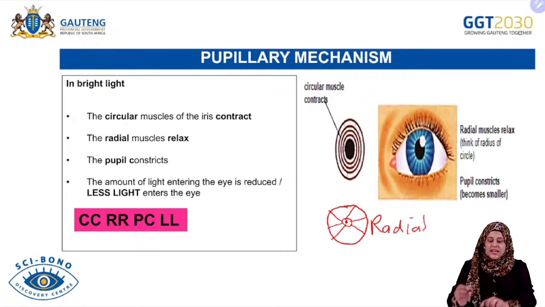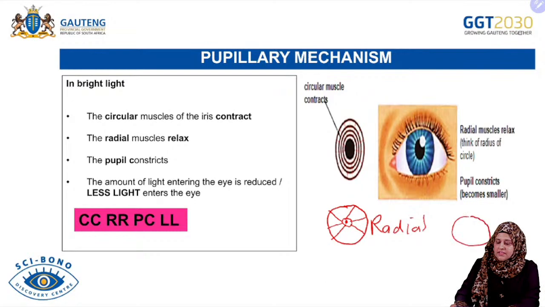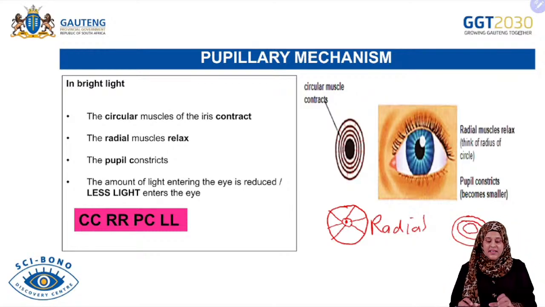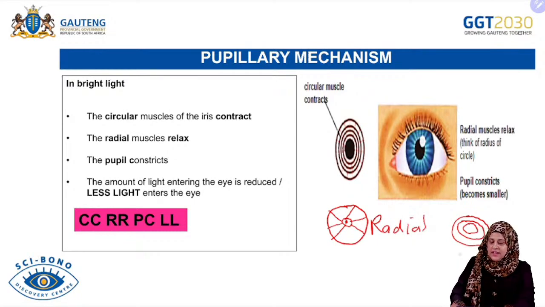The circular muscles of the eye are a structure like this. These are circular muscles, right? Although mine don't look very much like a proper circle, in your eye they are circular. So these ones are the circular muscles.